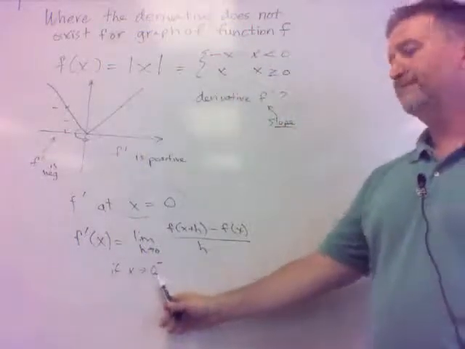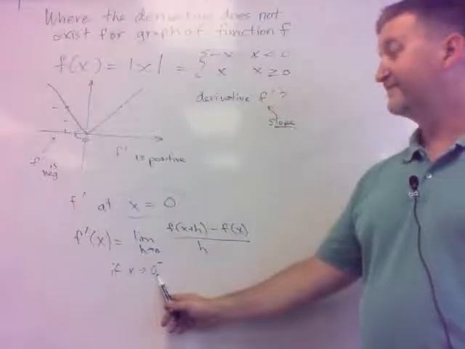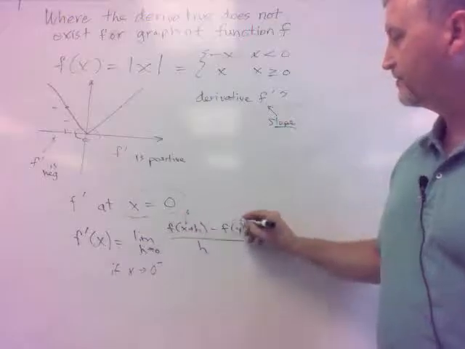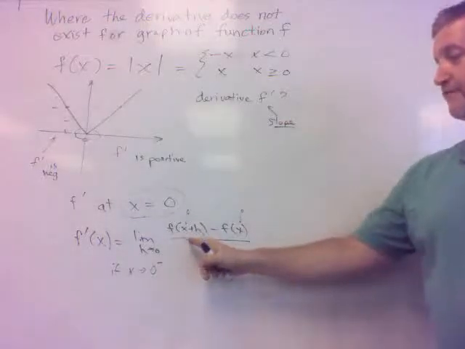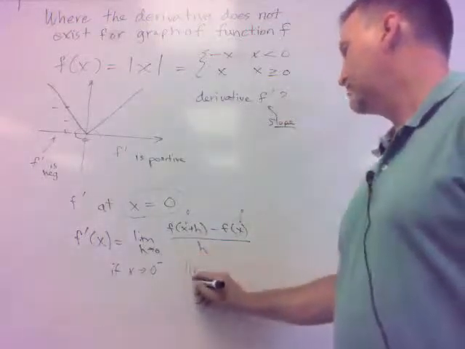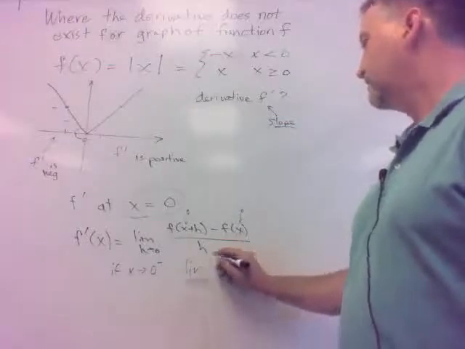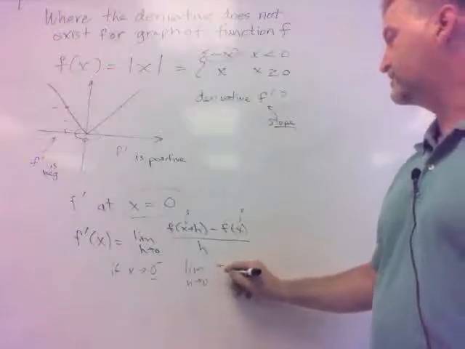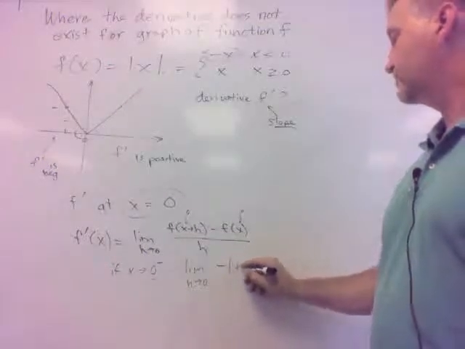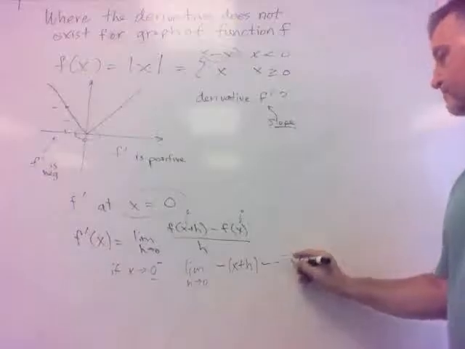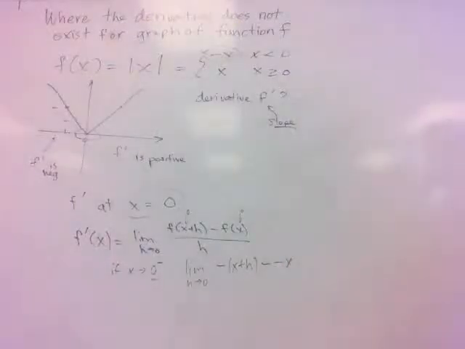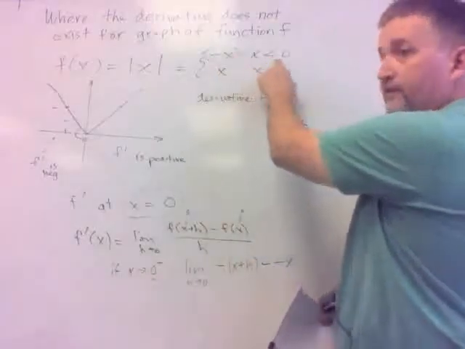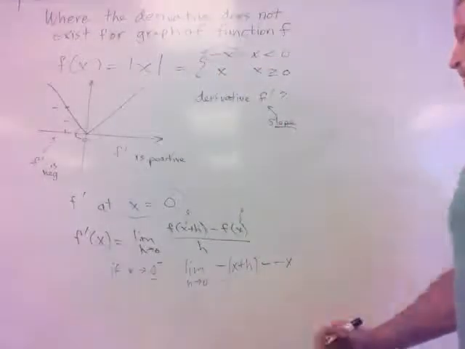But if I'm approaching 0 from the left, with x here being 0, then I have to use this one, the minus x plus h. So that'll be the limit as h approaches 0 of minus x plus h, minus minus x, because I'm approaching 0 from the less than 0 side, over h.